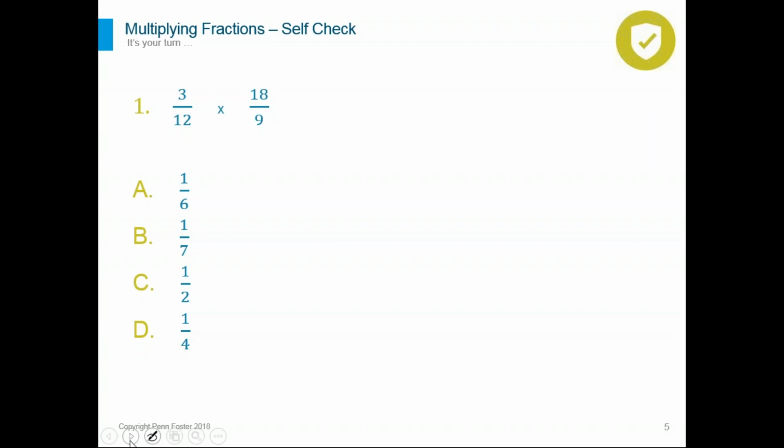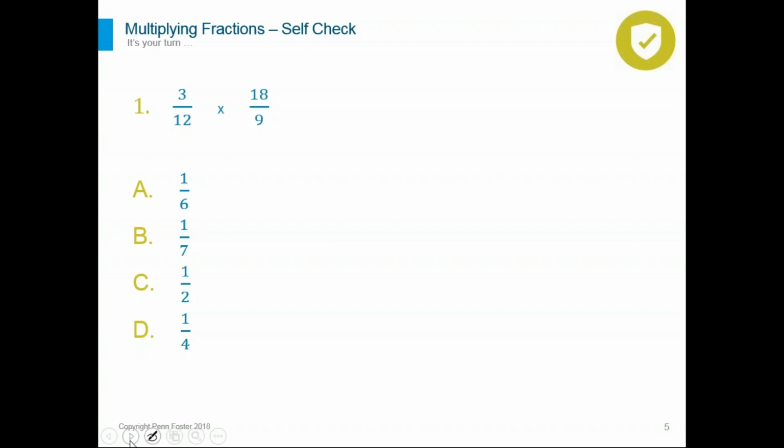So again, this is a question, 3 over 12 times 18 over 9. How would you multiply these two fractions? We're going to follow the same steps. Cancellation method: you cancel out all the factors until there's nothing to be canceled out, and then multiply across, and then you can go ahead and select your answer.